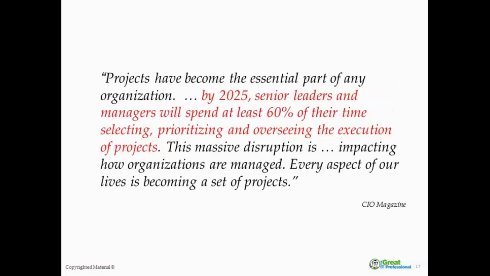Wendy? This, I think, is an extremely important quotation. By 2025, senior leaders and managers will spend at least 60% of their time selecting, prioritizing, and overseeing the execution of projects. In the very near future, much of the role of managers and executives will involve overseeing projects.